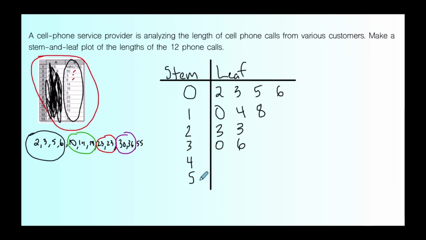You'll notice that I put a stem here for the 40s, even though there are no 40s here. This is an important point. You always include stems even if they don't have leaves.